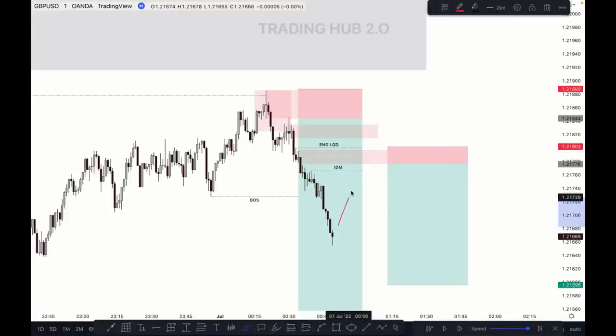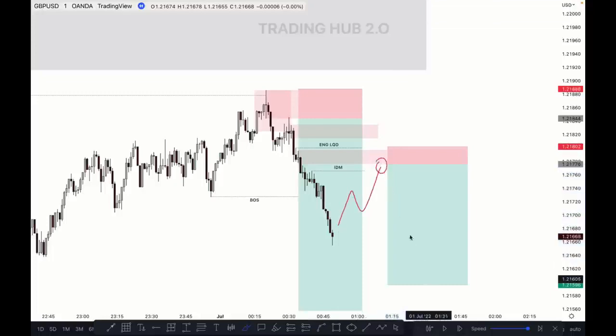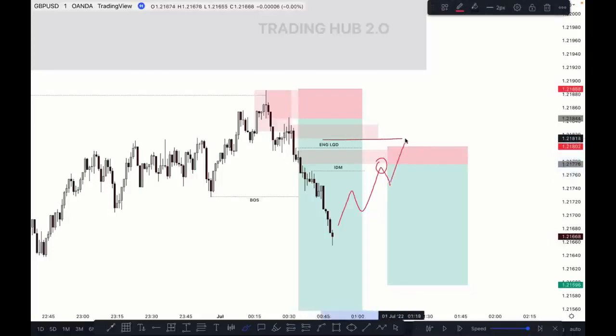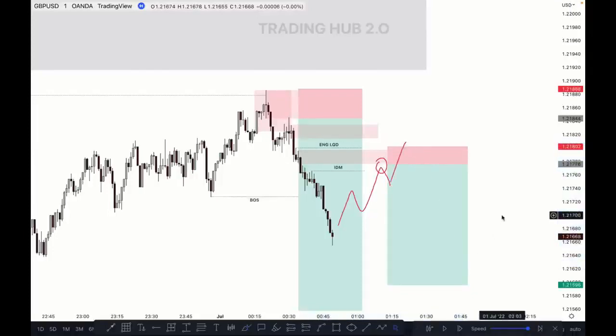There is a 50% chance the market mitigates here and then pushes downside probably. But maybe the market gives some reaction and then pushes higher to mitigate this and then pushes downside, because both scenarios are possible. So you have to wait for the confirmation.